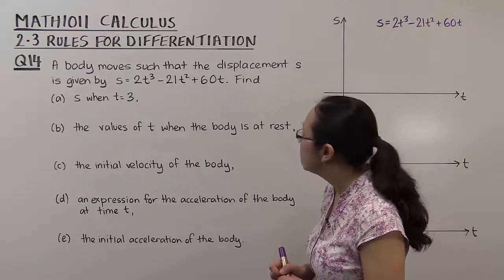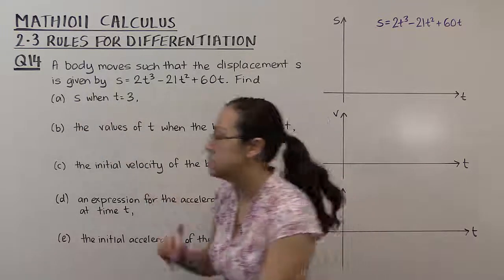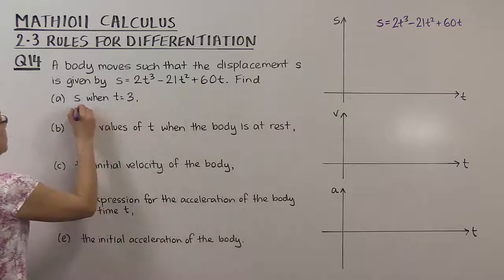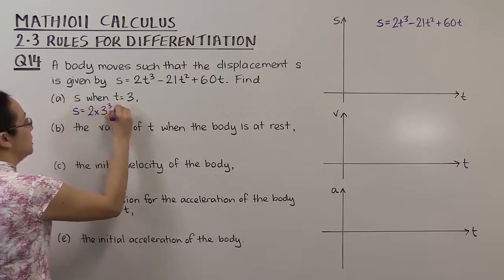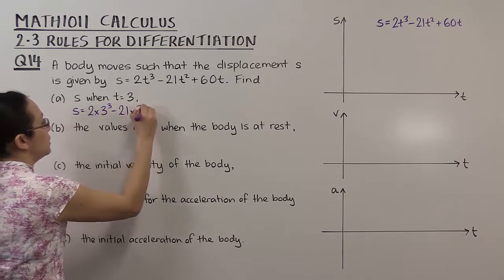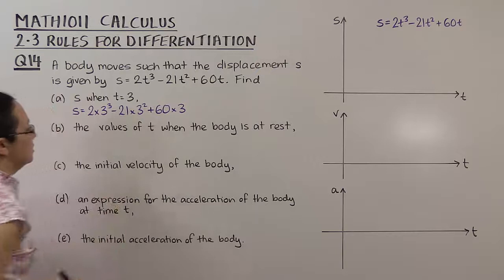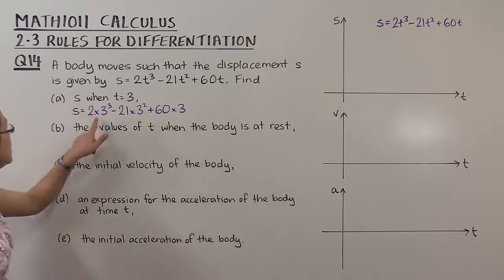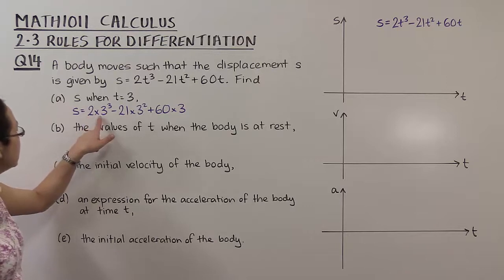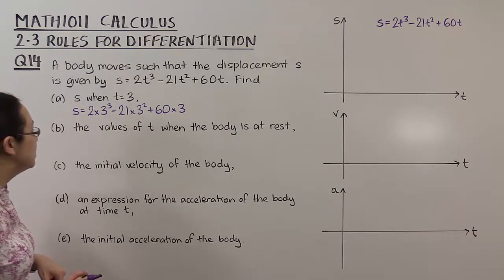So the first part of the question asks us simply to calculate s when t equals 3. So this is reasonably straightforward. We need just to plug in t equals 3 in here and work out what this value is. If we have a calculator, that's easy. If we don't have a calculator, we have to think a little bit carefully. Here we have 6 nines minus 21 nines, so that's minus 15 lots of 9.